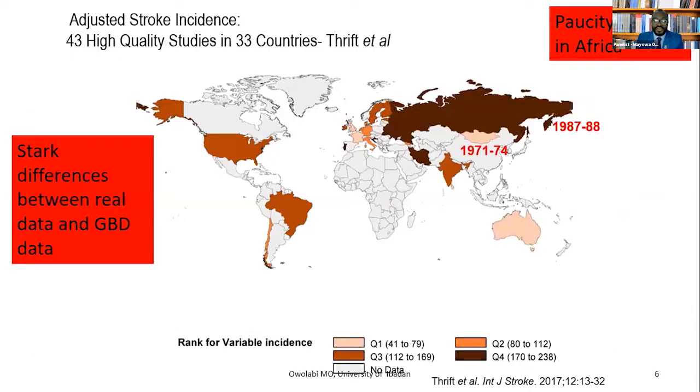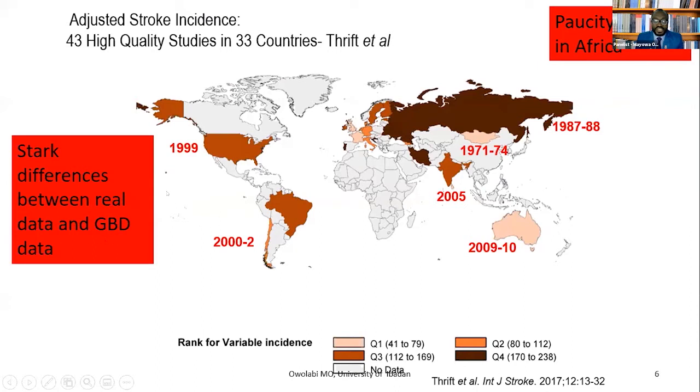Let me just illustrate very briefly. A world map displays stroke incidence data with many countries left white to signify no data. Looking at stroke incidence data from across several African countries and even globally over several decades, you will observe that in fact, Africa has no rigorously determined, real-life, concrete data on stroke incidence.